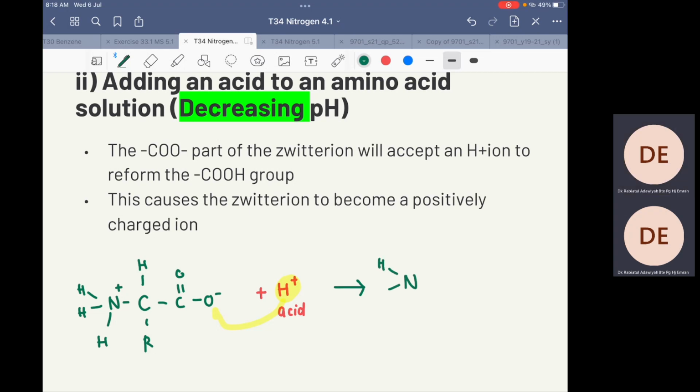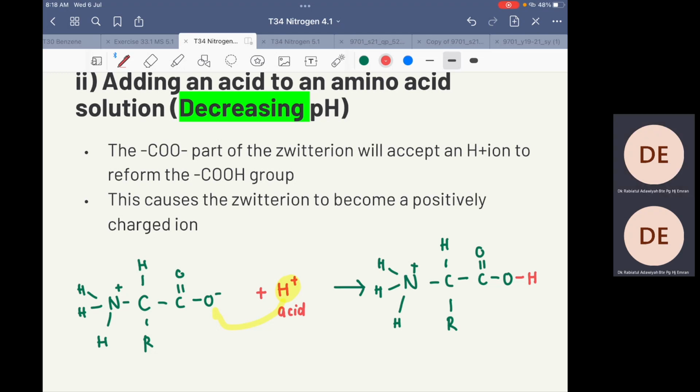No changes to the NH3 plus group, no changes to the hydrogen and the R group. The only change that we are seeing is the carboxylate ion now has a hydrogen.